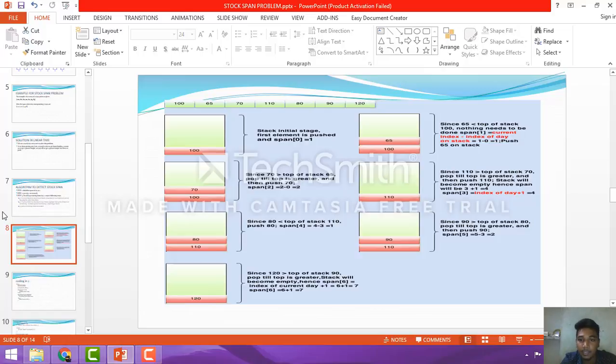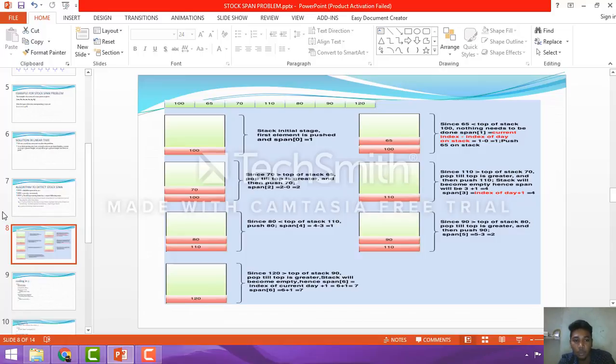Then move to 110. 110 is greater than 70 and 100. That's why we pop both items from the stack table, 70 and 100, and then we push 110 over here, and then we compare 110 to 80.